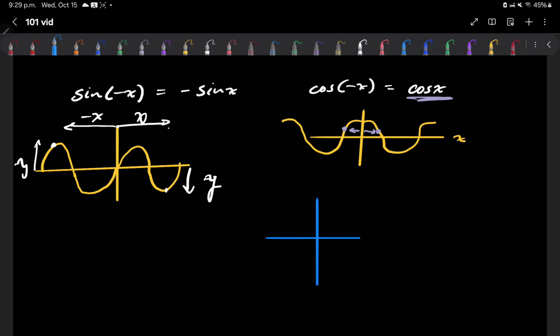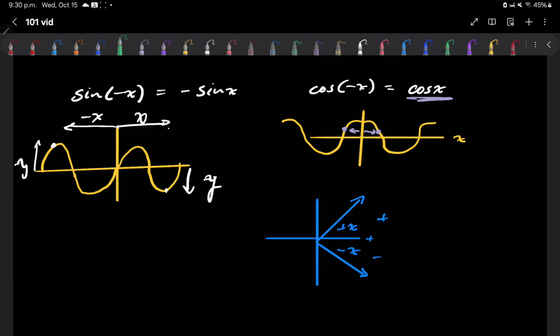If we rotate our terminal arm x degrees, we can also rotate it negative x. Obviously this number is positive, this number is negative, and then it's positive that way.